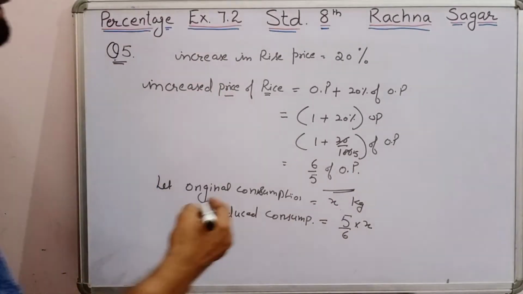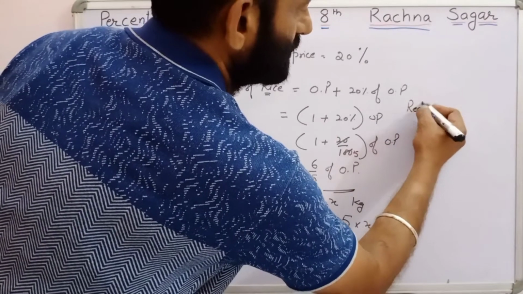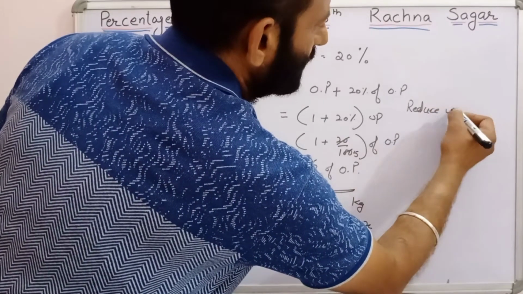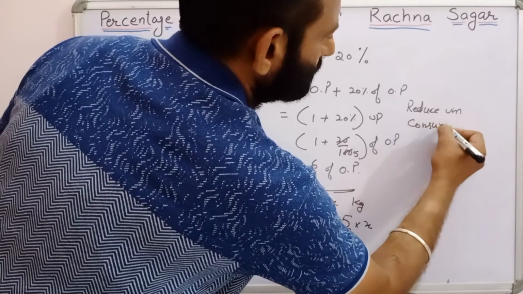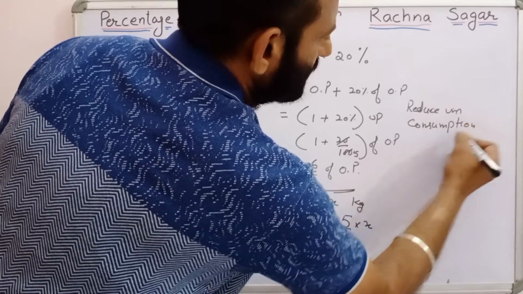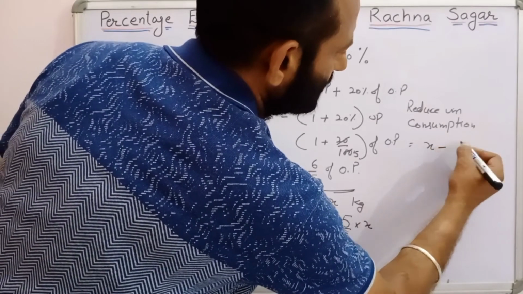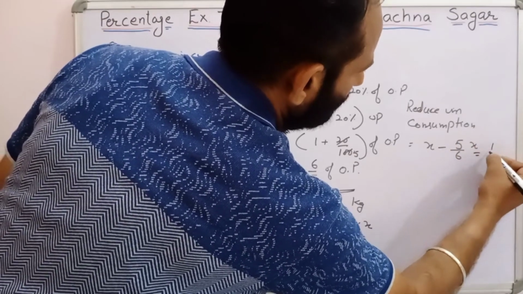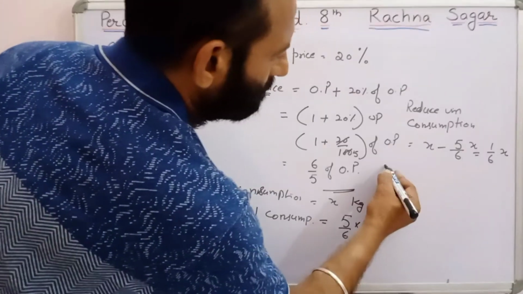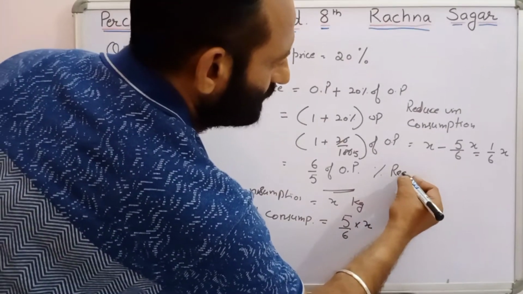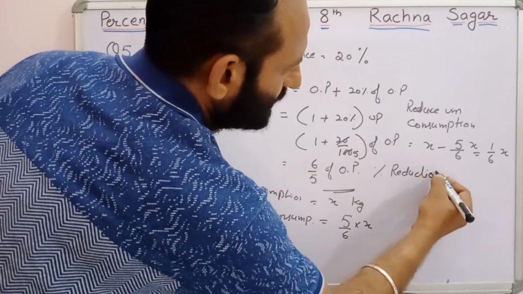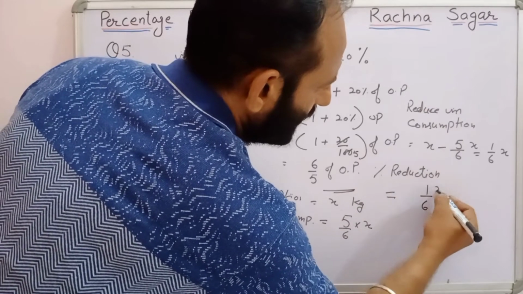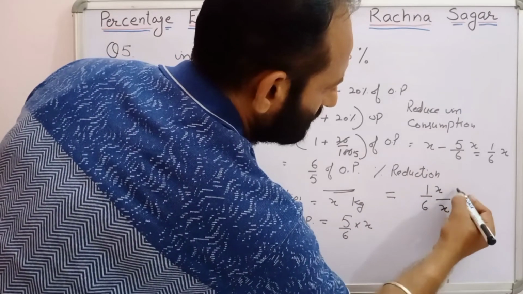Now the reduction in consumption is original consumption X minus reduced consumption 5 by 6 times of X, and it comes out to be 1 by 6 of X. Percentage reduction is equal to reduction in consumption 1 by 6 times of X over original consumption X multiplied by 100.